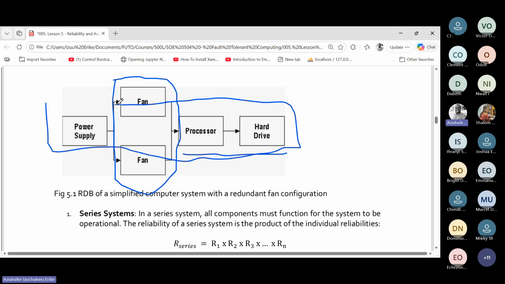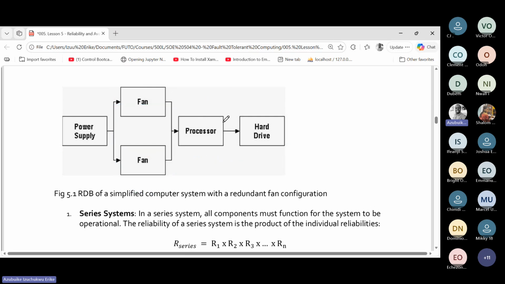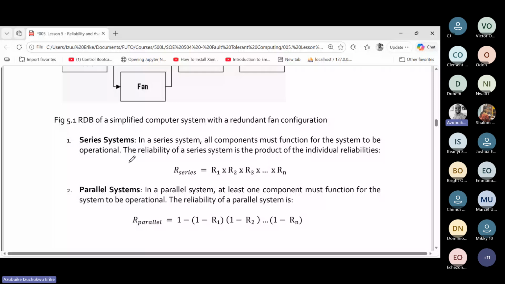All right. So we have a combination of what I have just mentioned.